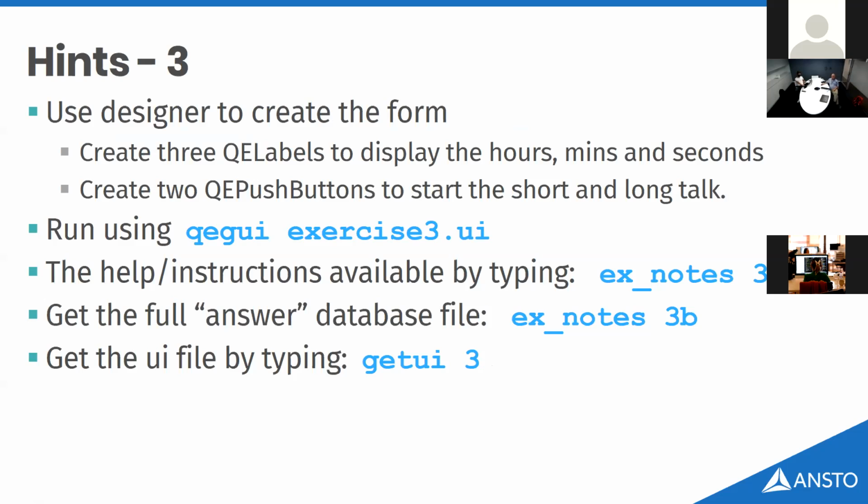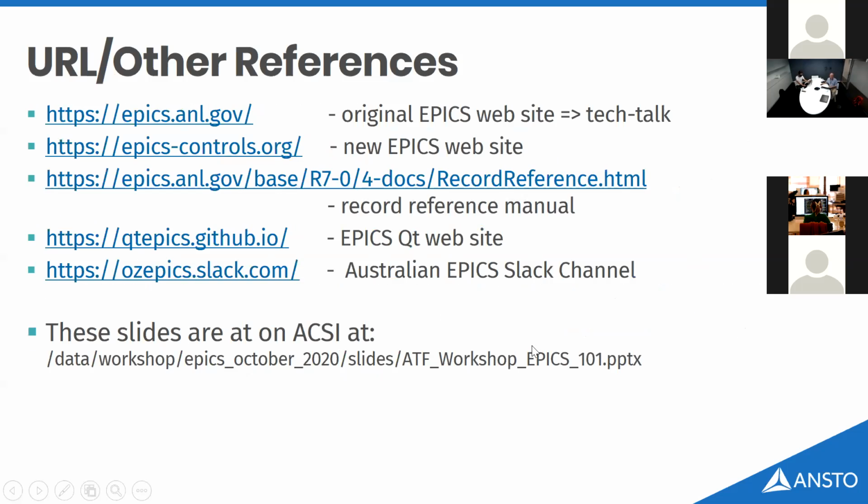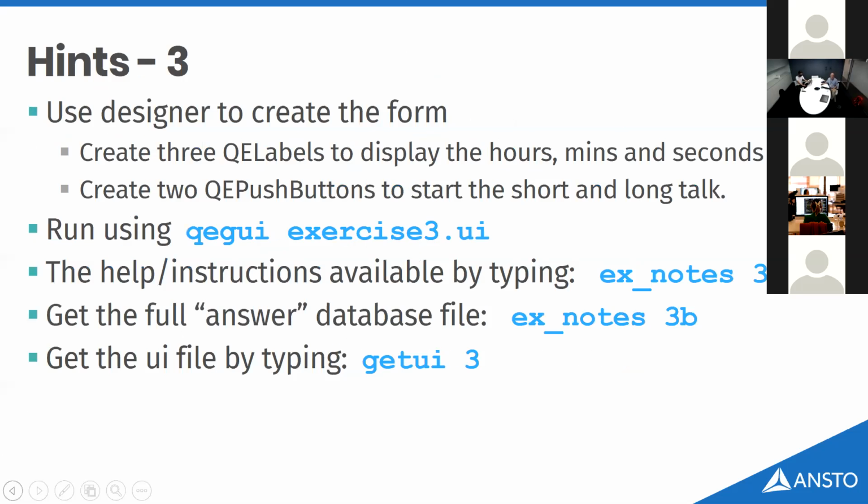There's help notes by typing EX notes 3. And to get a pre-prepared answer, if you do exercise notes 3B, you'll get a pre-prepared database, which if you don't finish off today, you can certainly look at and run.